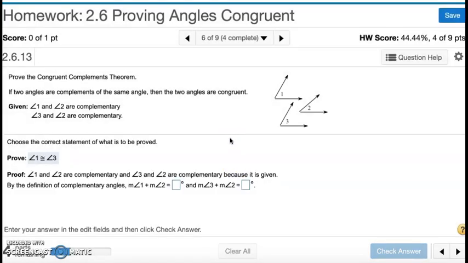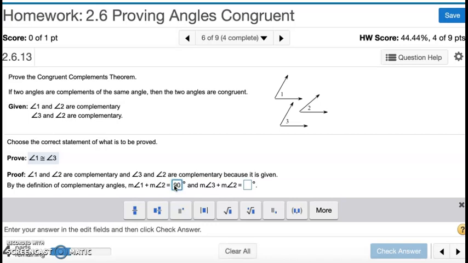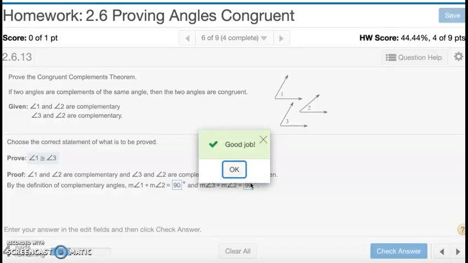Angles 1 and 2 are complementary, and angles 3 and 2 are complementary because it's given. By the definition of complementary angles, angles 1 and 2 add up to 90. Complementary means add up to 90. And then 3 and 2 would also add up to 90.